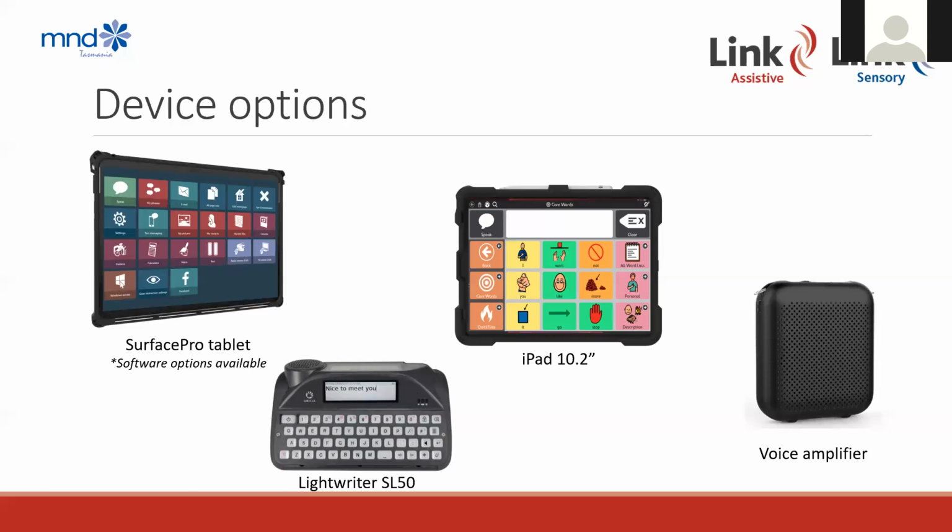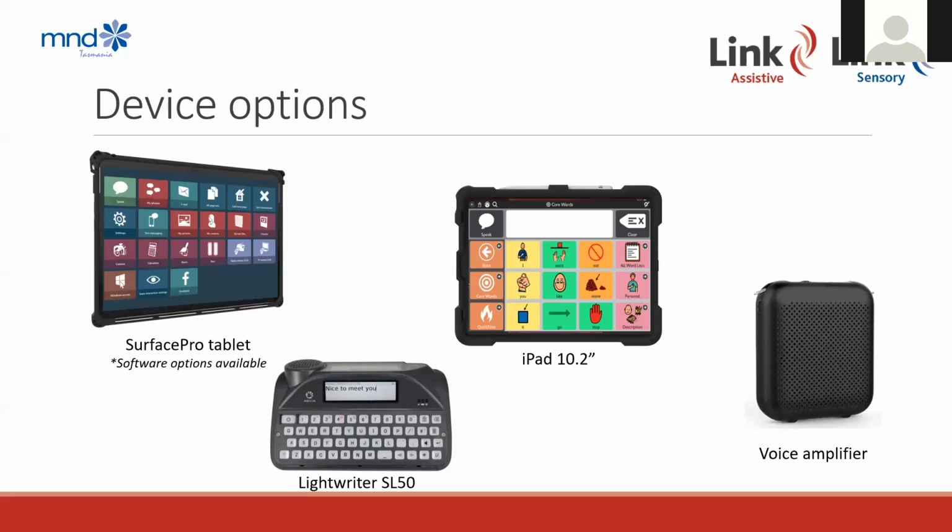It's quite a durable device, definitely dedicated to communication. I believe there's some compatibility with things like texting with certain phones, but basically the Lightwriter would just be used for supporting communication, whereas your iPad and your Surface Pro tablet would allow some other features, like computer access and emailing and things like that. So that's just a consideration there.